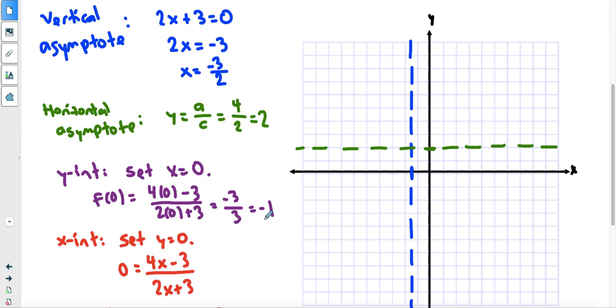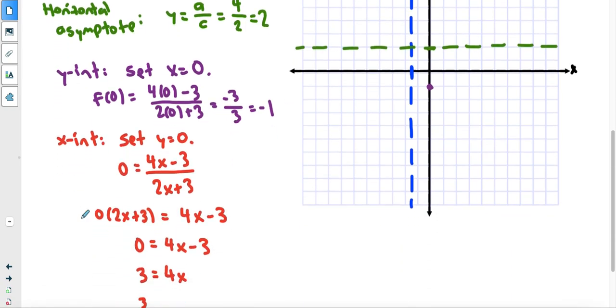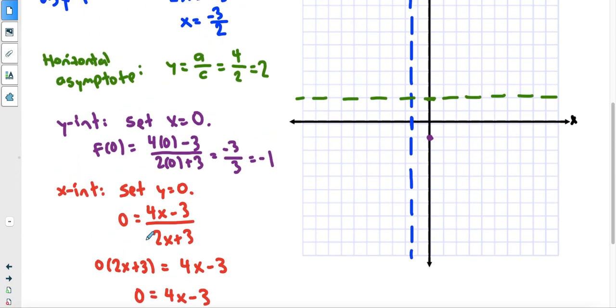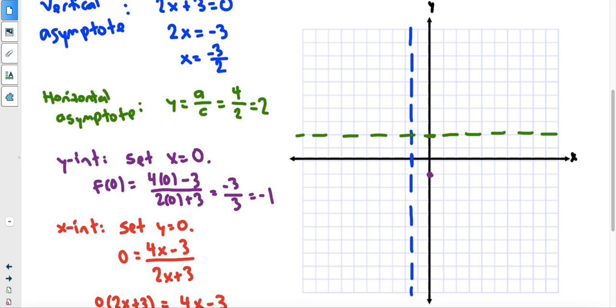My y-intercept is at negative 1, so I'm going to draw a point right there at negative 1 on the y-axis. And my x-intercept is 3 over 4, or 0.75, so I'm going to plot a point at 0.75 on my x-axis.